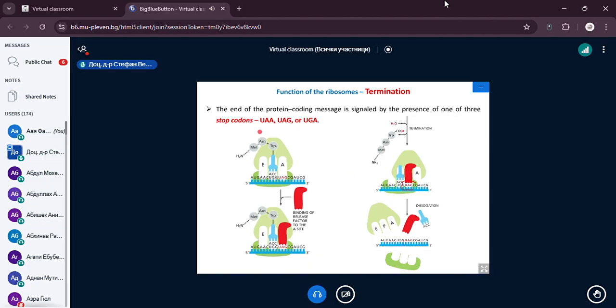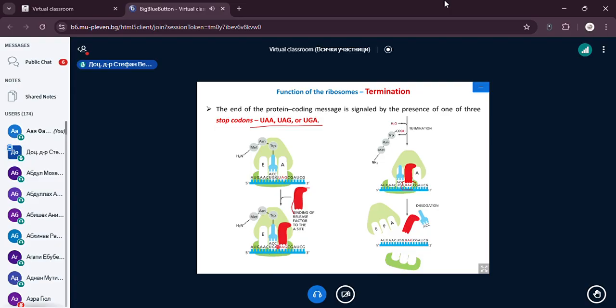A stop codon can be one of these 3 codons: UAA, UAG, and UGA. These codons do not encode the addition of amino acids, but they are recognized by a special terminating factor which binds to this codon and prevents further addition of amino acids and signals the end of the protein synthesis.